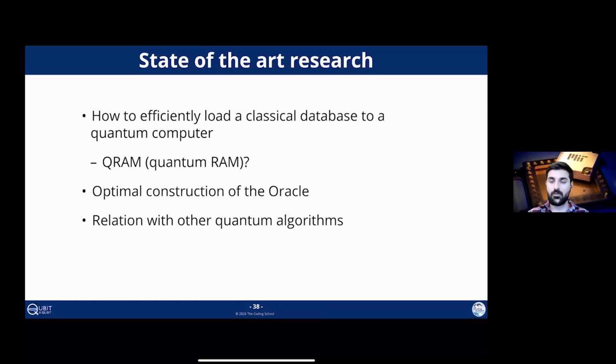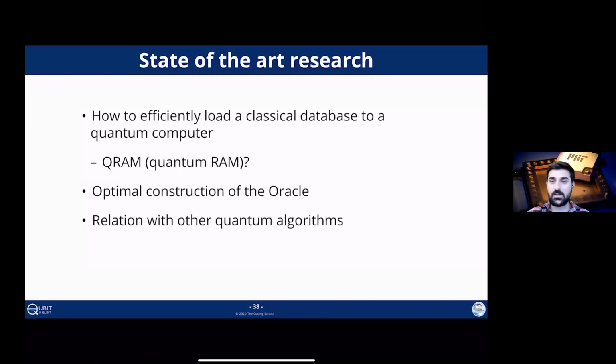So in order for Grover search to actually give you a meaningful speed up with the current classical databases that we have, we need to come up with a way to efficiently load our classical data into our quantum computer, or into quantum data.